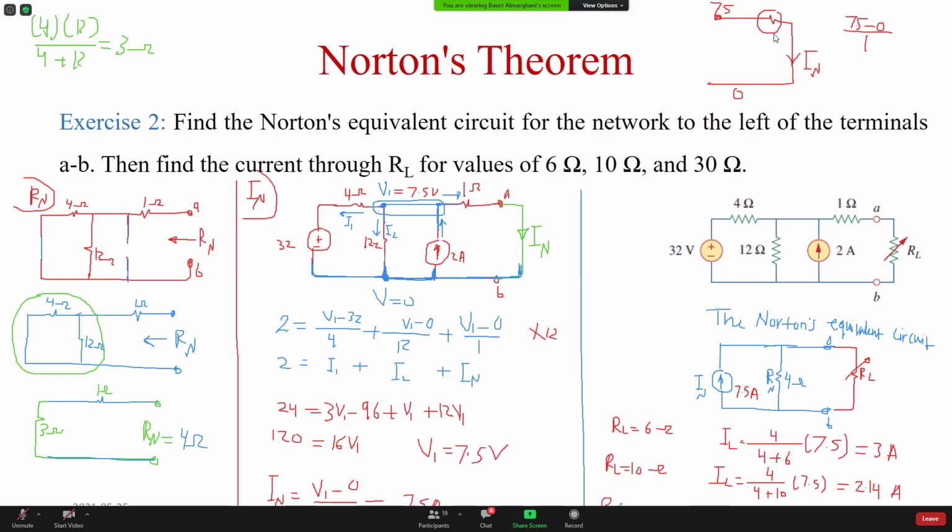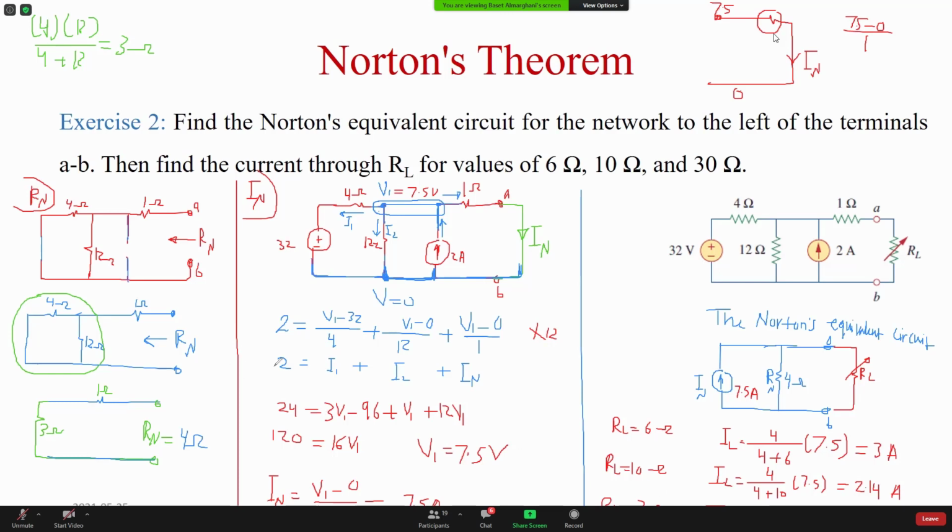If RL equals 30, IL here will equal 4 divided by (4 plus 30) times 7.5. I think this gives me 0.88 ampere.